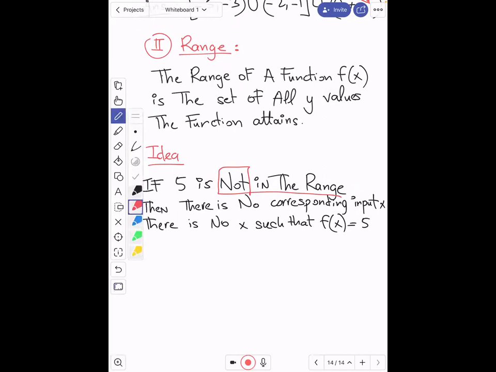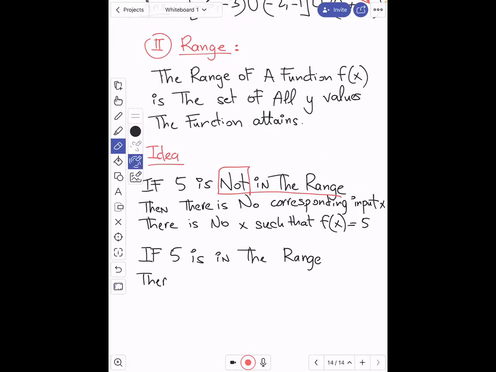So now, if this random number 5 is in the range, then there is some number x, a corresponding input x.